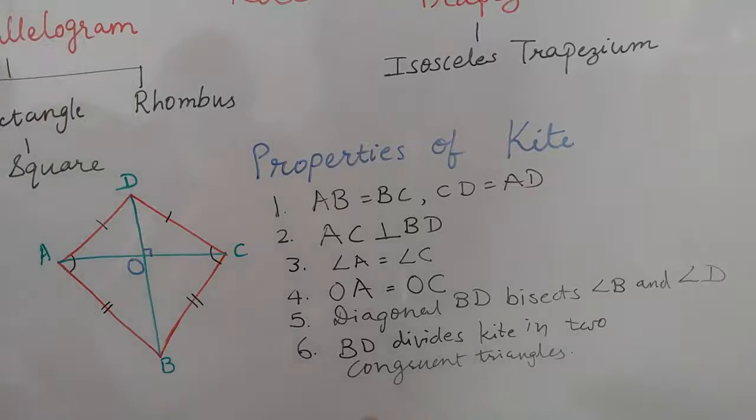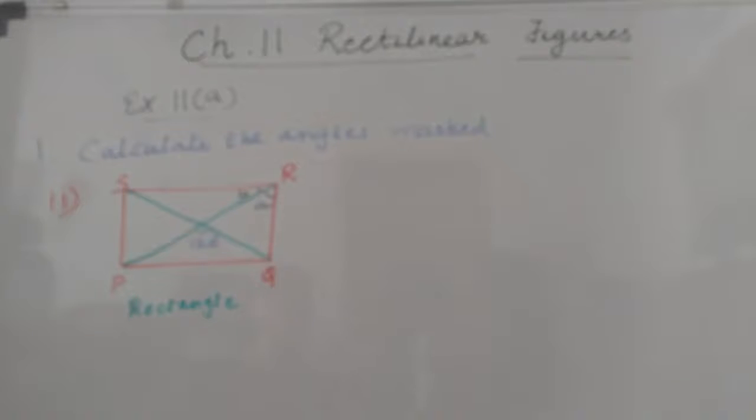So I write here triangle ABD is congruent to triangle CBD. Likewise, these are the properties of a kite. You have to remember them. Now let us start exercise 11A.